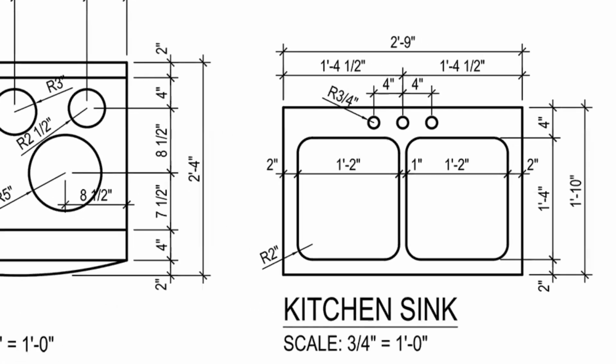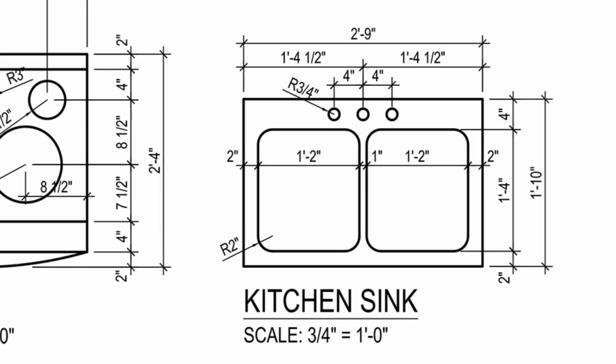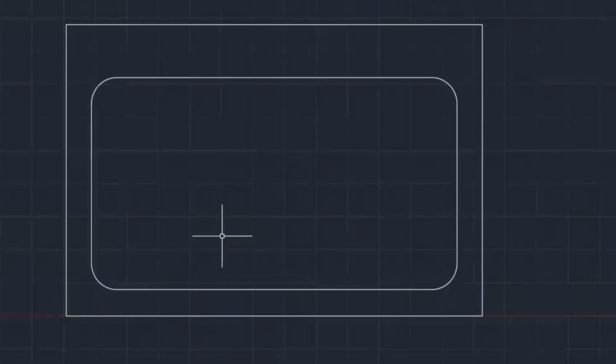And now I go back to my example, and I can see that I need to make 2 rectangular shapes, and they're going to be 1 inch apart. And it is safe to assume that it is evenly split down the middle. So going back to my drawing, I'm going to draw a line.